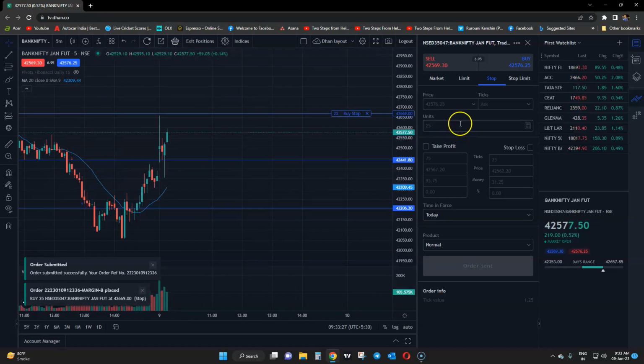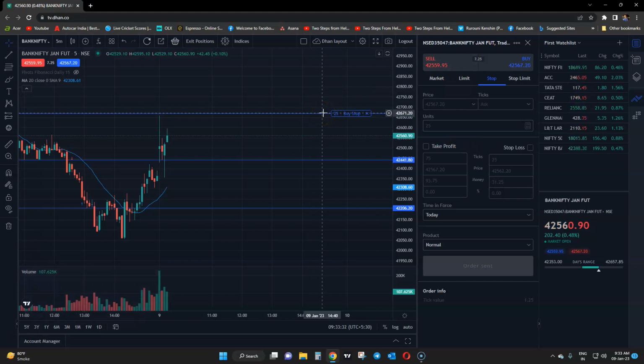See, I can't have a stop loss unless and until this order gets executed. Yeah, that is a problem. So I need to place a stop, but this gets triggered. Only then can I place a sell order without having margins.